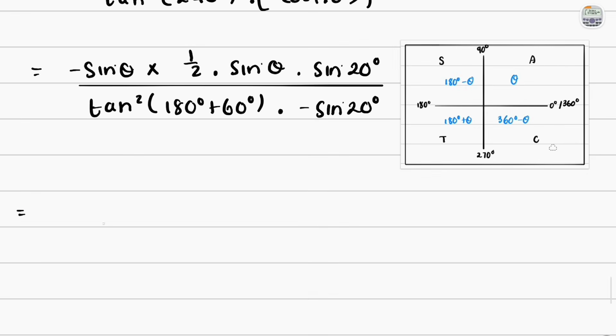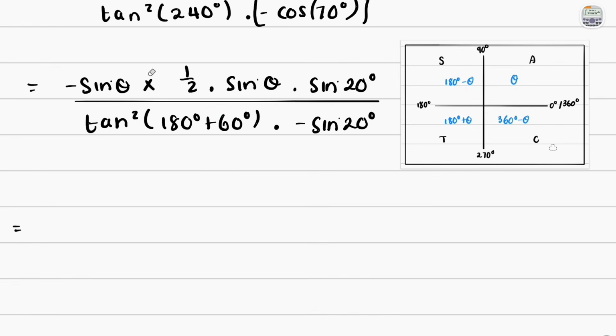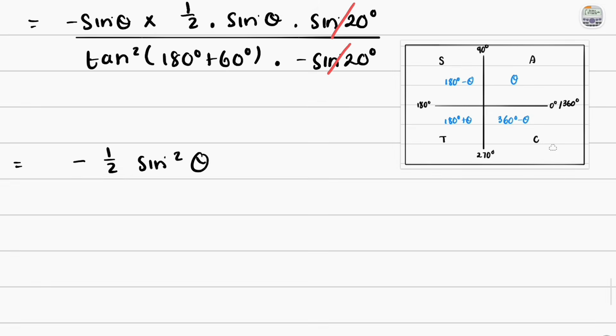Okay, so this is equal to, and now seeing how they're all multiplying through, this is just negative. So keep in mind that it is negative. This sine 20 cancels with sine 20 degrees as well. And then these two, they're both sine, so they'll become squared. So here in the numerator, we have negative a half sine squared theta, and then over, and now when we reduce this, this is in the tan quadrant, so it's going to give us a positive tan 60 degrees, but it's tan squared, so it's still squared.